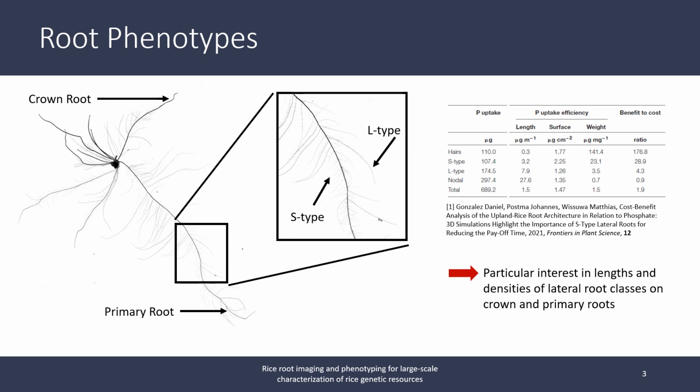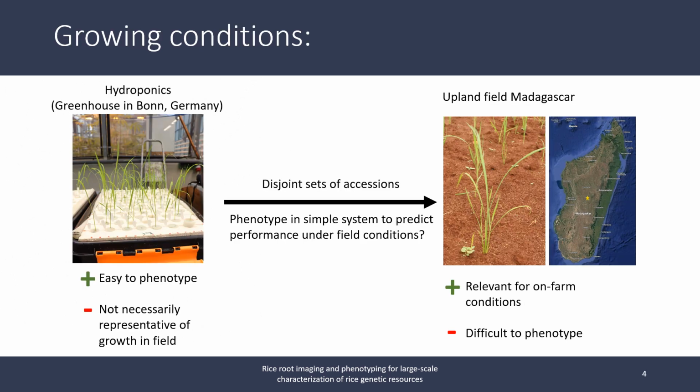However, given the variability of abiotic stresses experienced by plants in the fields, different ideotypes may be beneficial for different stress conditions. In our study, we are using 2 different growing conditions for phenotyping of root architectural traits.